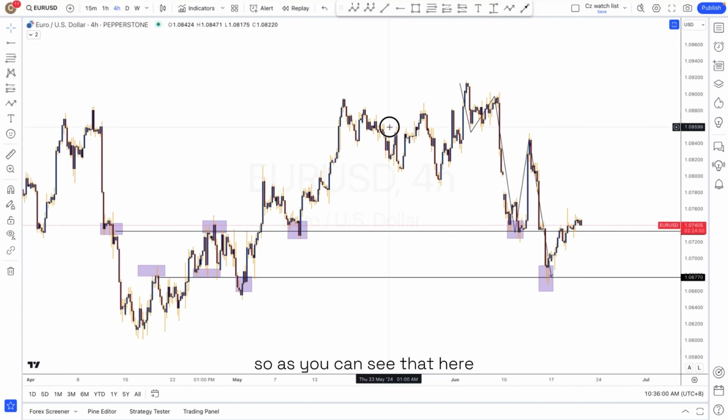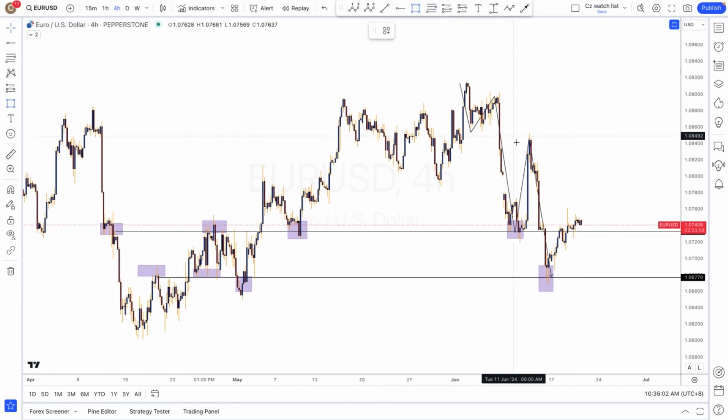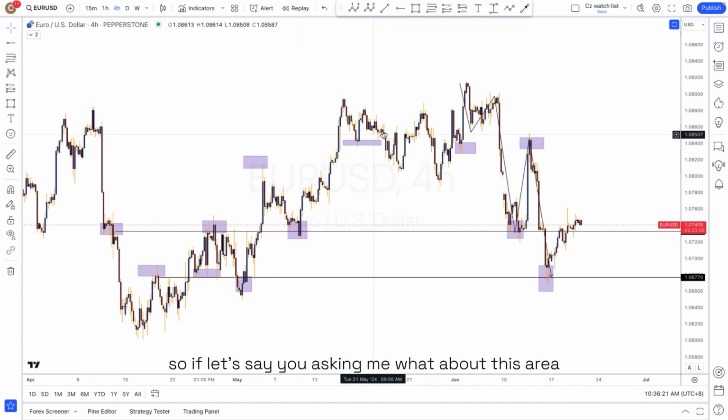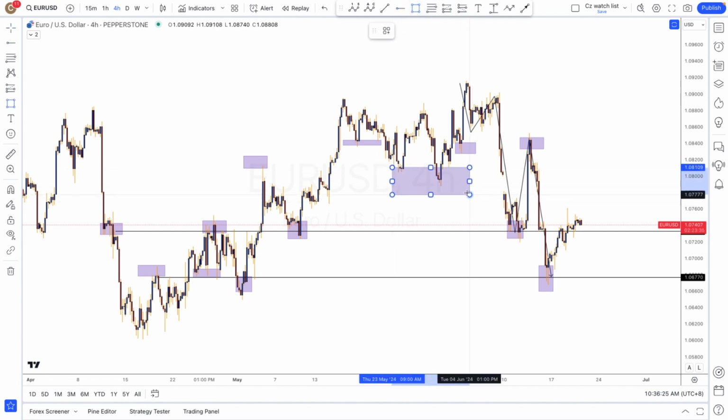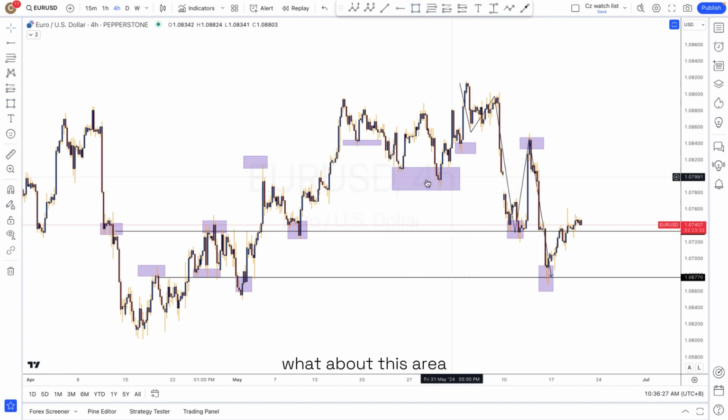So as you can see here, this is the bounce area. So previously, do we have any support? You can see here. We can see here. We can see here. So if let's say you're asking me, what about this area? What about this area?